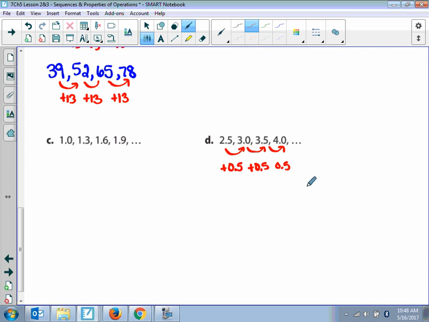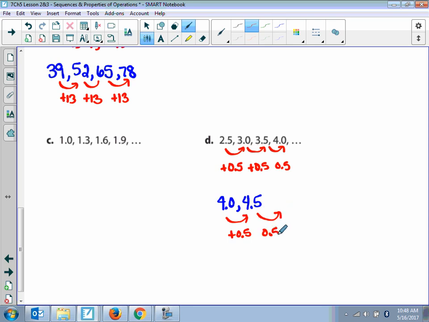So to get to the next 3, we're starting at 4.0. We're going to add 1/2. So that gets us to what? 4.5. Very good. Then for the next term, we're adding 0.5 again.